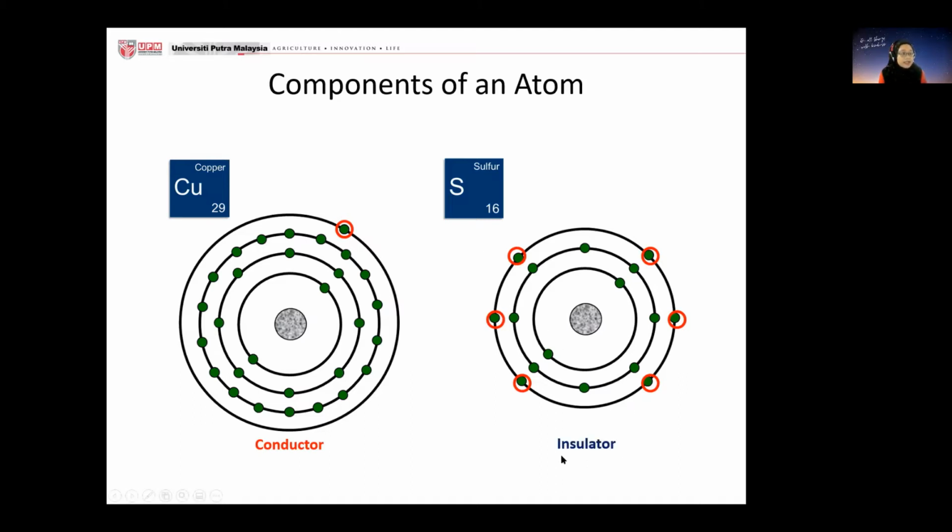That makes it an insulator, because it only accepts electrons but doesn't release them. So that's what makes a material either a conductor or an insulator. It basically relates back to the components of an atom.